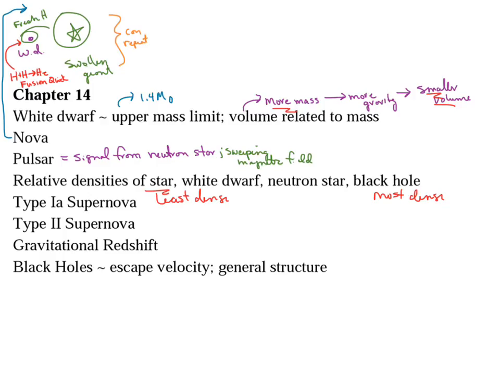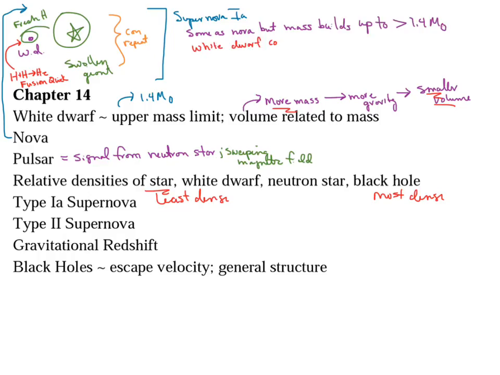Supernova type 1a, do you remember what that involves? I'm going to refer to this figure up here. That involves your white dwarf and a swollen red giant again. But the difference here, and I double checked that this is how it works, is that the matter dumped onto the retired star from the swollen red giant exceeds what we call the Chandrasekhar limit, that 1.4 solar masses. So nuclear fusion doesn't occur, but it's more of a slippage.